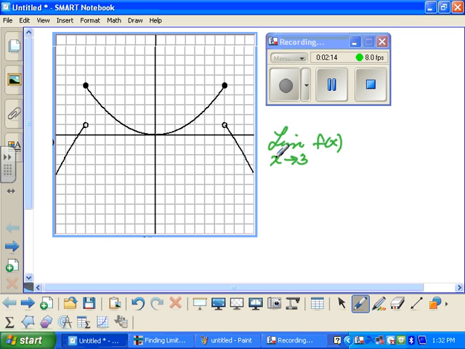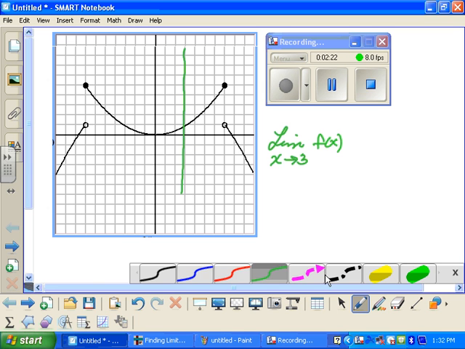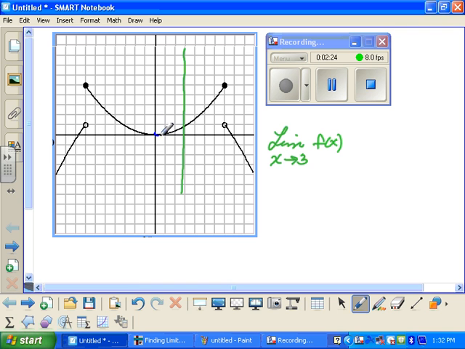Well, where does x get to be 3? x is 3 anywhere along this vertical line. So as x approaches 3 from the left, you see that the y value is headed to 1. And as x approaches 3 from the right, the y is headed to 1. So this has a limit. It's 1.